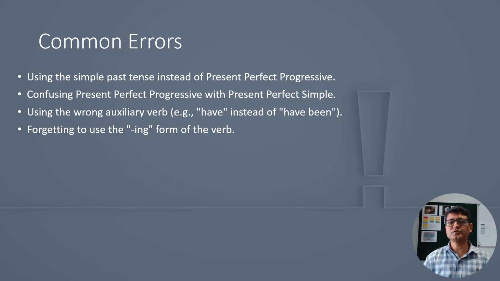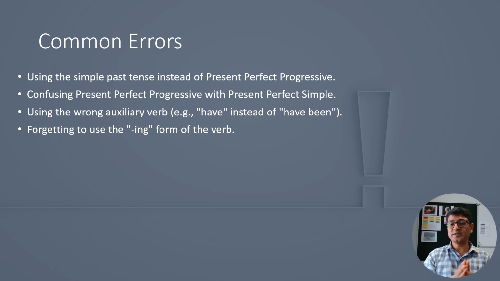So what you need to do, you need to understand the difference between this present perfect progressive and other tenses like present perfect tense or past simple tense, or even present continuous tense. You need to understand the difference between them, right? And also pay attention to have been.